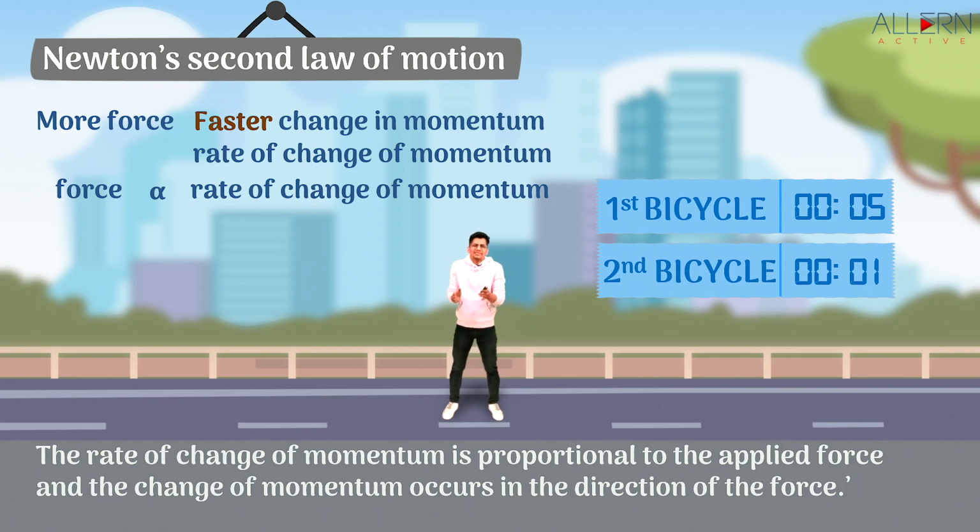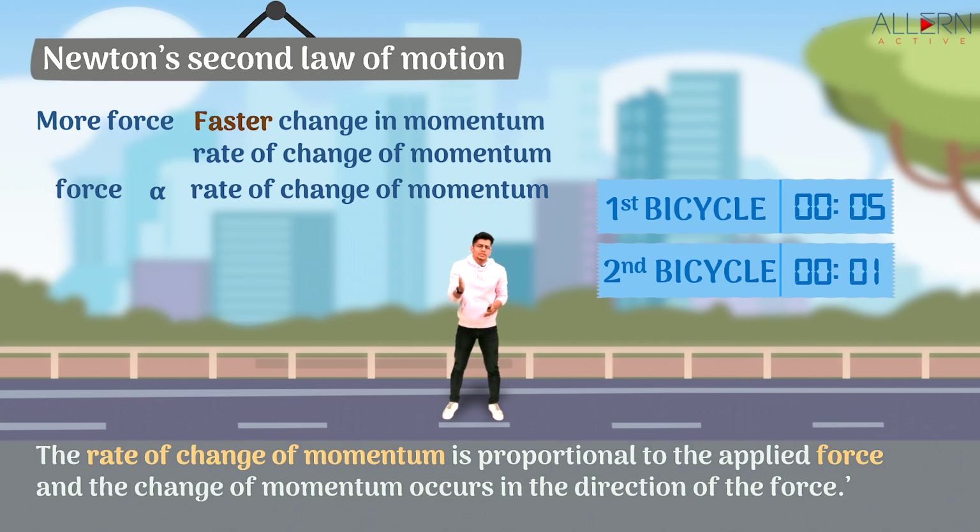We know that the rate of change of momentum is proportional to the applied force. So this is Newton's second law of motion, which simply reads: the rate of change of momentum is proportional to the applied force, and the change of momentum occurs in the direction of the force.